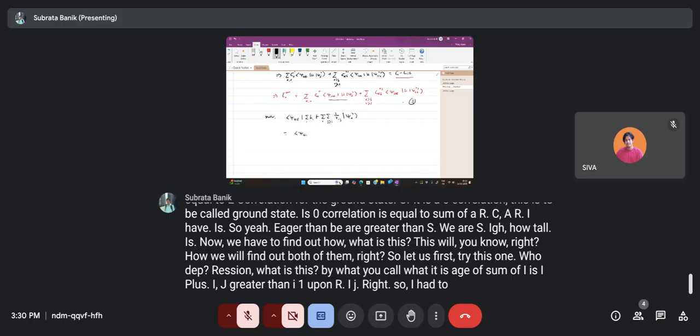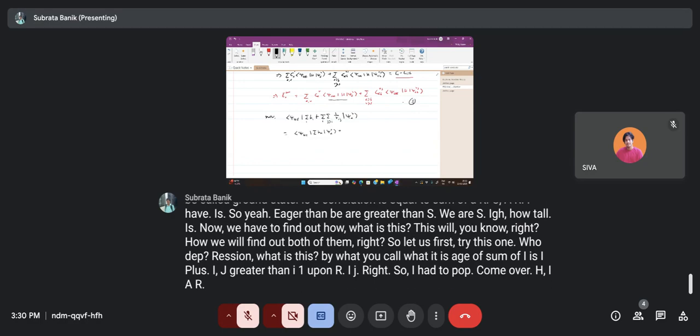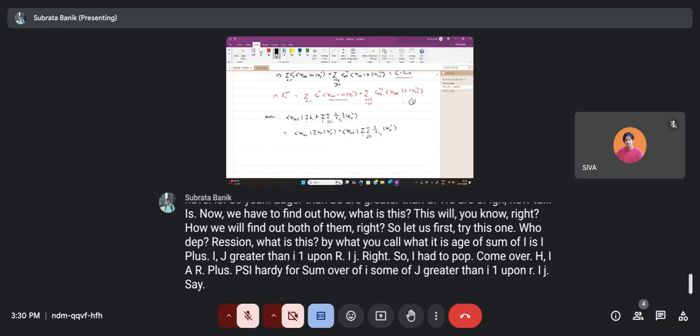Psi Hartree-Fock, sum over i of h_i, psi_a^r, plus psi Hartree-Fock, the sum over i, the sum over j greater than i of 1 upon r_ij, psi_a^r, right?